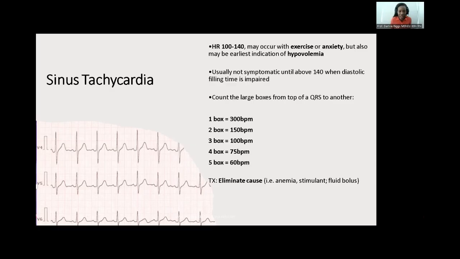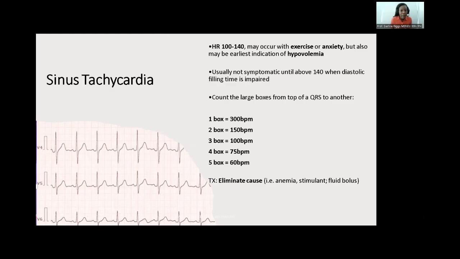You're losing blood or fluid. Your heart, we're made that way. Your heart is going to try to compensate until external measures can be taken, which is great. So the moment you start losing too much blood or fluid, your heart is going to beat faster to get more oxygenated blood because it doesn't have enough.